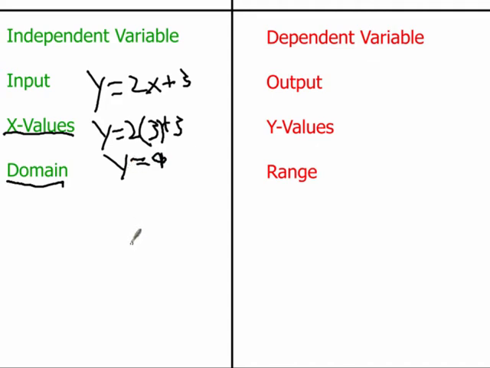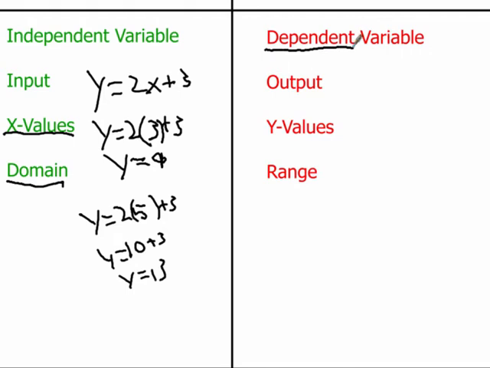But if I say y equals 2 times, let's say x is 5, plus 3, then 2 times 5 is 10, and 10 plus 3 is 13, so y equals 13. You can see that y depends on what x is, meaning it is the dependent variable.